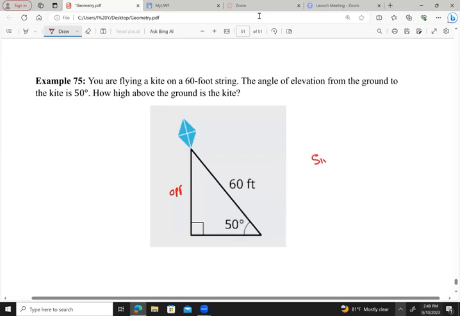So the sine of 50 equals the opposite, which is our unknown, over the hypotenuse 60. Now 60 times the sine of 50 degrees is x. So 60 times sine of 50 equals 45.96 feet. We'll call it 46 feet.